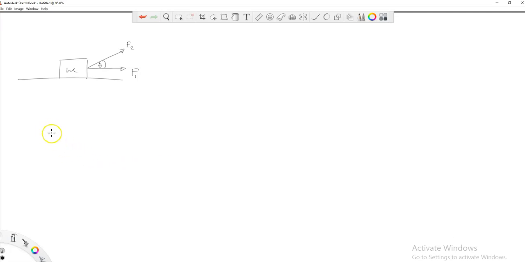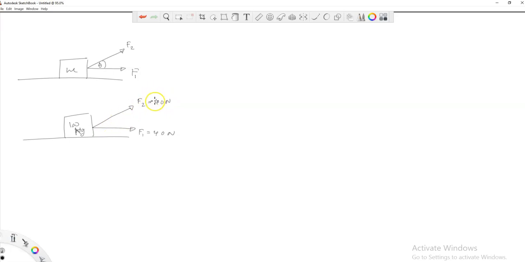Let's work with numbers right away. Here's the box, 100 kilograms, sorry, not newtons, 100 kilograms. Let's say we have an F1 force which equals 40 newtons, and we have an F2 force which is also 40 newtons.